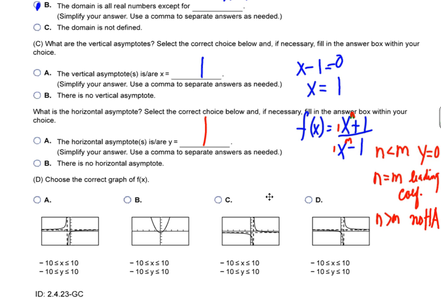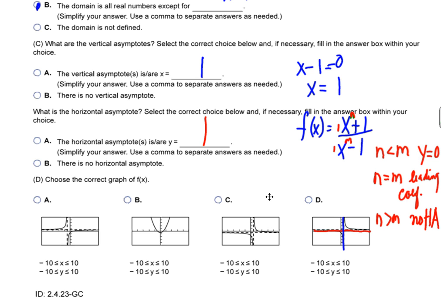You could put this in the calculator and come up with the answer, but let's see. The answer would be D, because we're looking at the vertical asymptote.